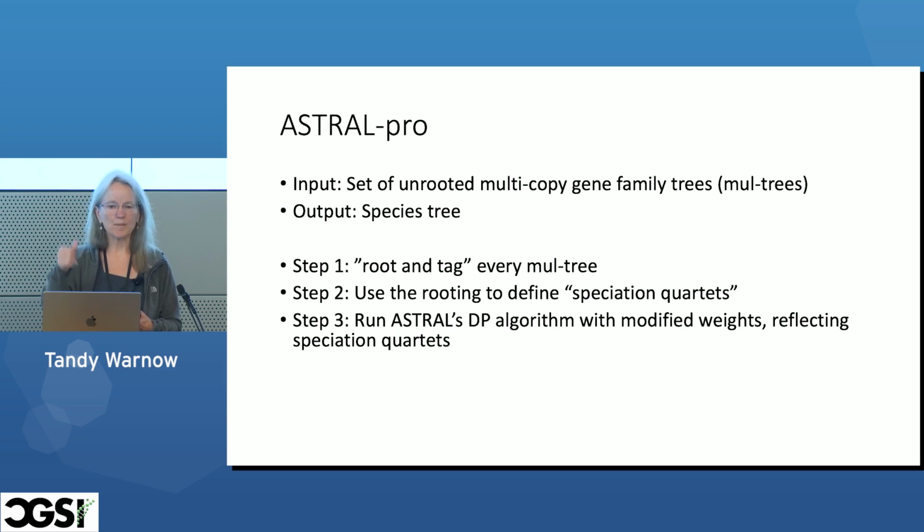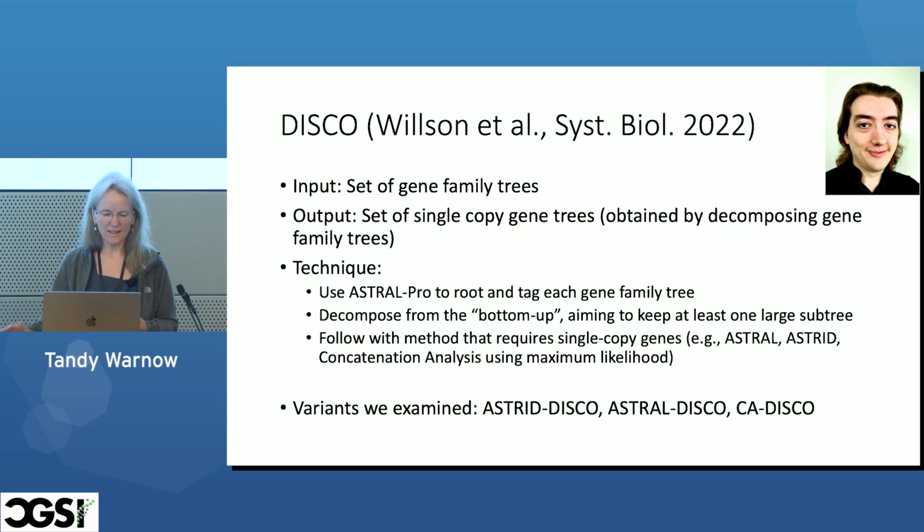Okay, so these 3 steps start with rooting every gene family tree, and then figuring out which nodes are duplications and losses and which quartets you're going to consider. If the rooting is done correctly, and if the gene family trees are correct, then this is statistically consistent. But that's a big if, because if you can do the rooting, then you've actually figured out orthology. So again, there's an if there, conditionally consistent.